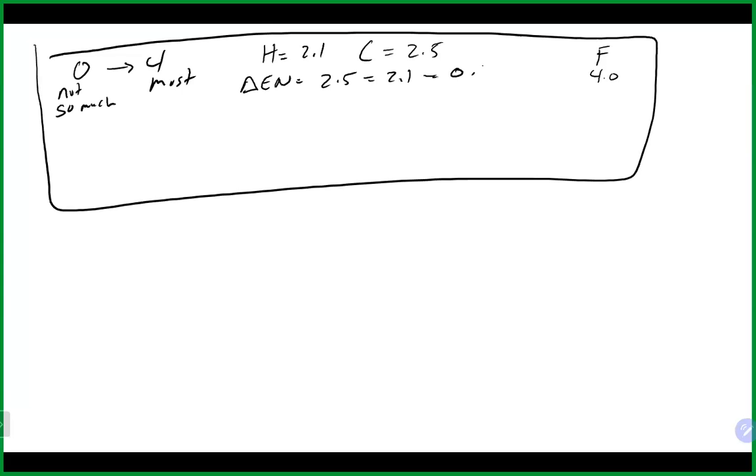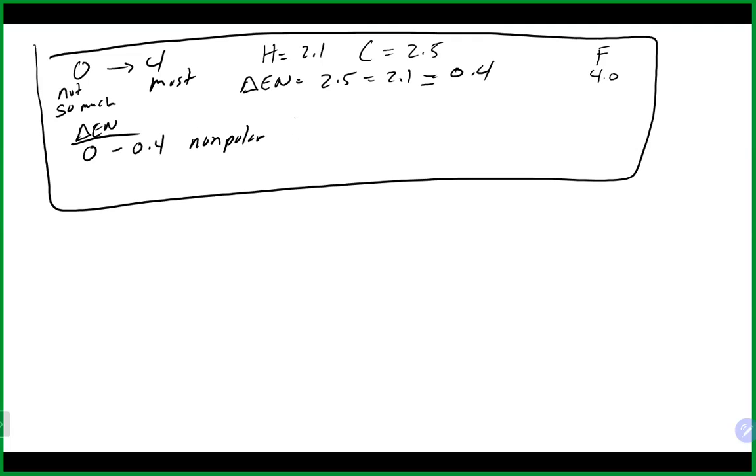That gives us 0.4. There are certain cutoffs: if you have a difference in electronegativity between 0 and 0.4, that's considered a nonpolar bond, which means you should expect equal sharing of electrons.